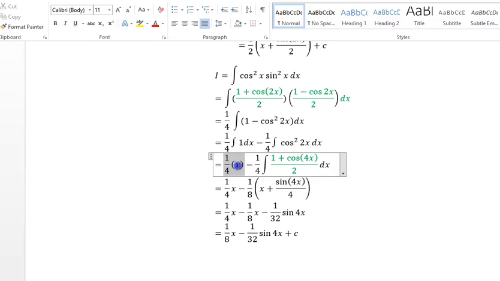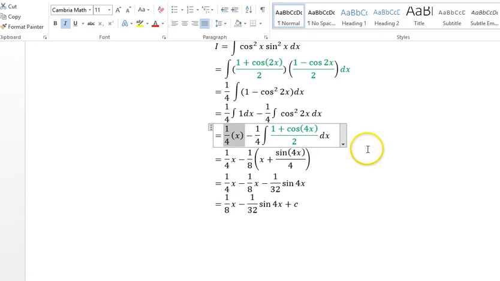And we need to integrate 1/4 times, we distribute the 1/4 inside, we need to integrate cosine squared 2x. And once again now we are stuck with an even power. So whenever you have an even power, there is no way out other than to use the double angle formula. Now instead of cosine squared x, we have cosine squared 2x.